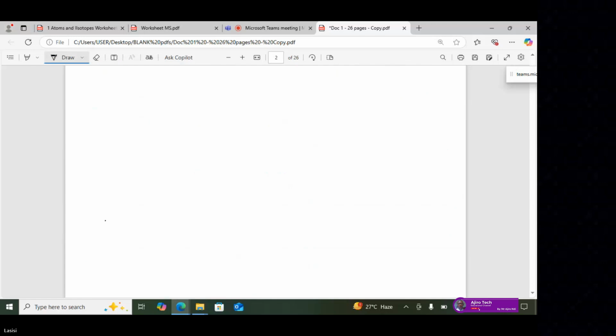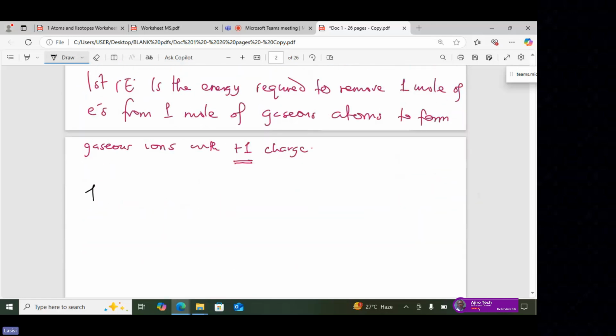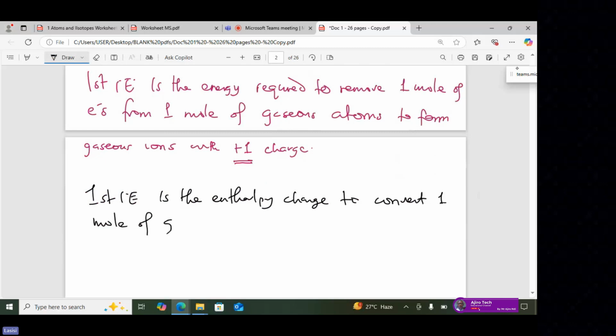First IE is the enthalpy change to convert 1 mole of gaseous atoms to gaseous ions with +1 charge. Is it the same thing? They are all the same thing.